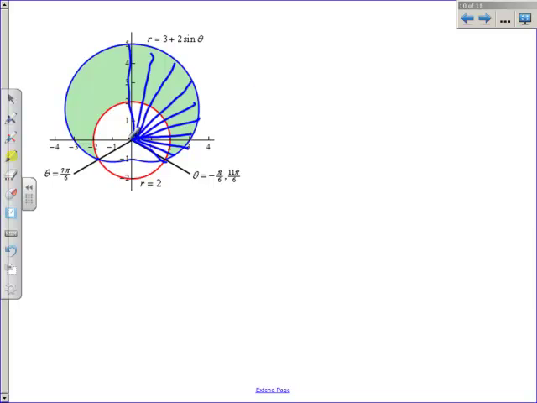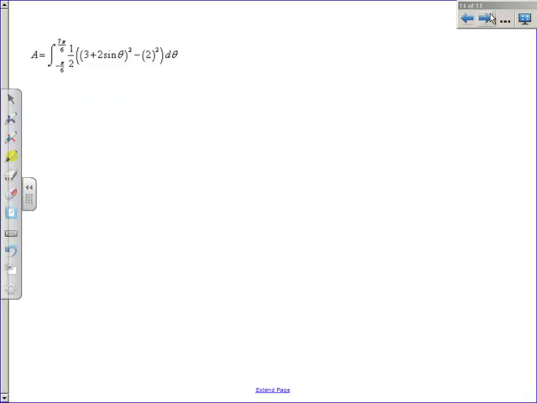So my integral is going to be from negative pi over 6 all the way out until we get to 7 pi over 6. And what we'll do is we'll subtract out the area of that circle. So here's why this answer looks like this. We go from negative pi over 6 to 7 pi over 6. The outside radius squared is the bigger curve minus the smaller circle squared. And again, from your home screen, you could type that in using x's.